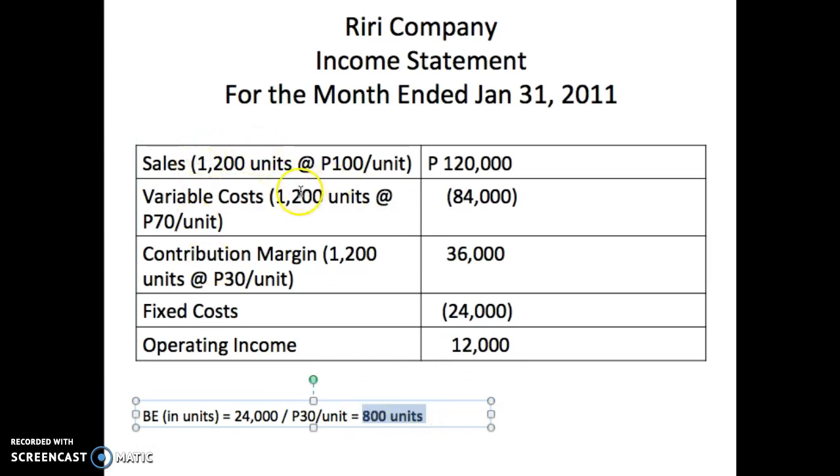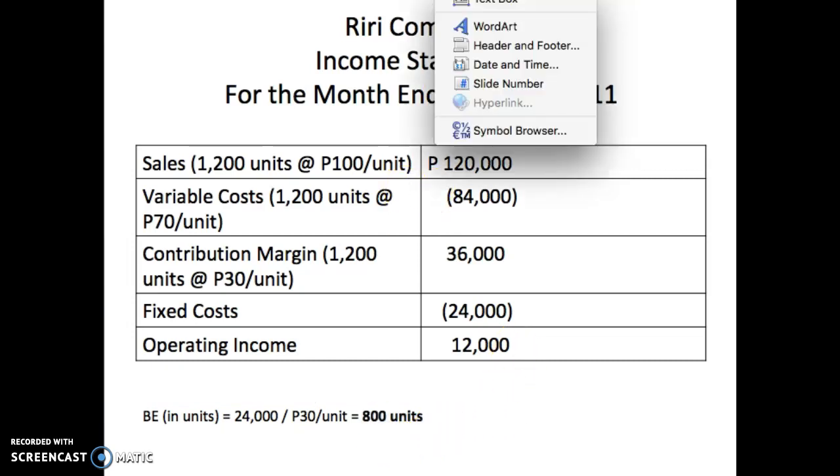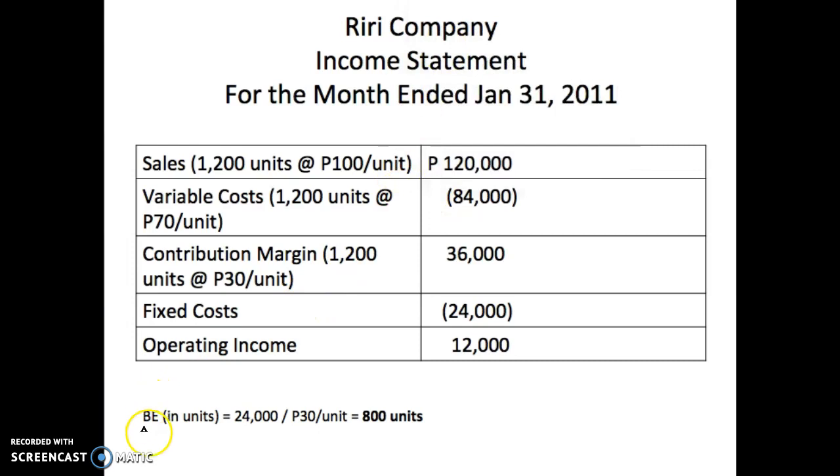Obviously, in this scenario, we are not breaking even. In fact, we have operating income amounting to 12,000 here. But I just need to stress a point so that you can understand the margin of safety. And then, if you want break-even in pesos, we apply the formula, fixed costs divided by the contribution margin ratio, which was 30% earlier.